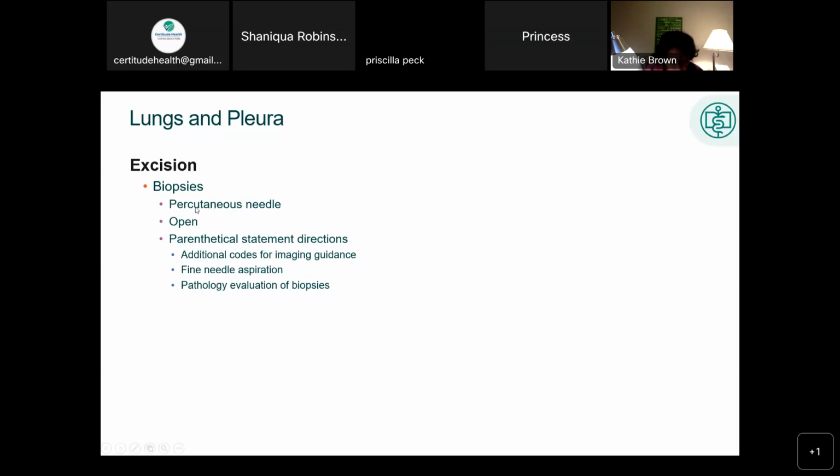Percutaneous, cutaneous meaning skin, but they're having to puncture the skin with the needle in order to get the sample that they need. And oftentimes they will use imaging guidance, like ultrasound guidance, to be able to see exactly where the needle is being inserted. Sometimes they'll use contrast.